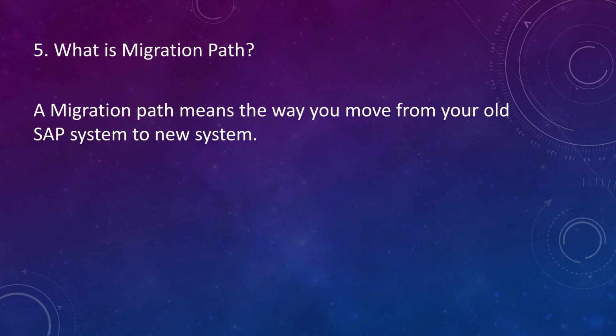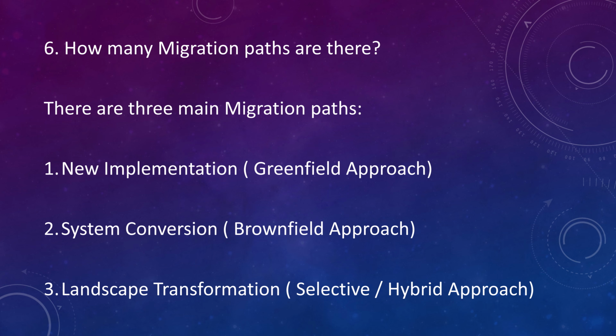Now, the question is, how many migration paths are there? So, there are three main migration paths in SAP. First, new implementation, also called the Greenfield approach. Second, system conversion, also known as the Brownfield approach.